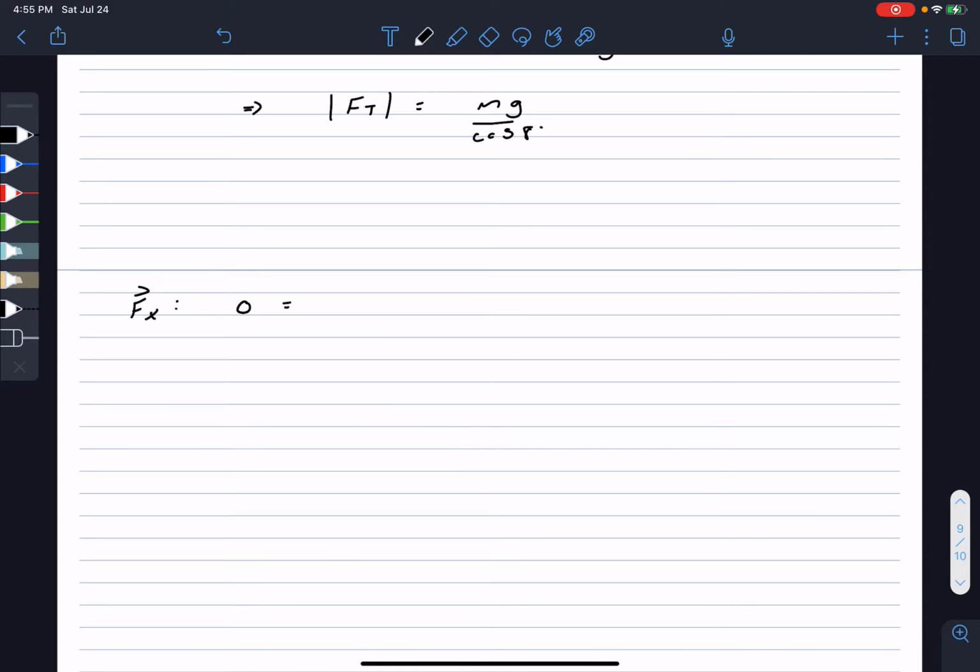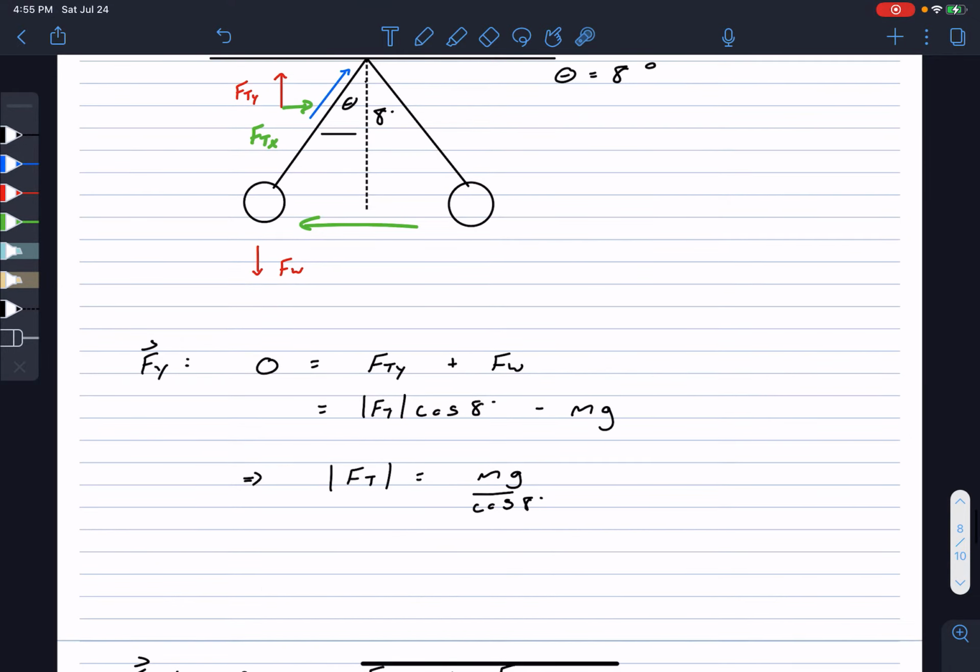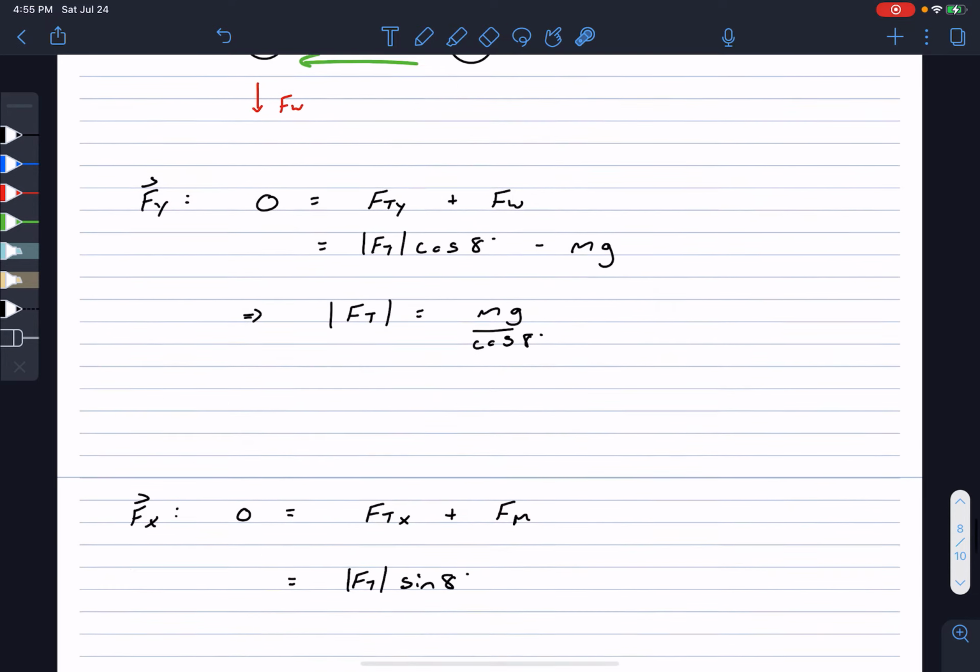It doesn't really matter which direction you define them to be because they're in opposite directions and we're in equilibrium. So what we're going to end up with is F_Tx plus F magnetic equals 0. And so then that gives us the magnitude times sine of 8 degrees, right?